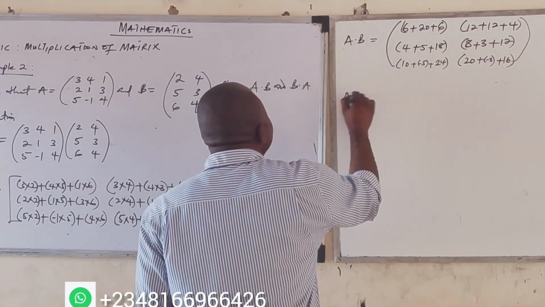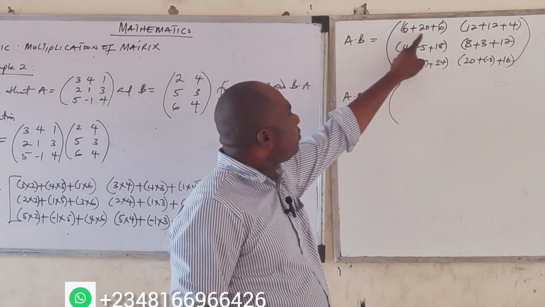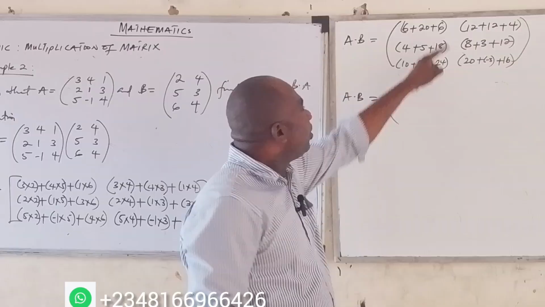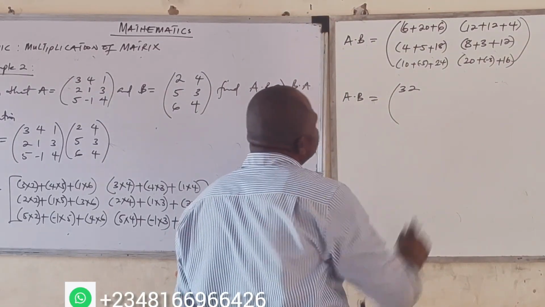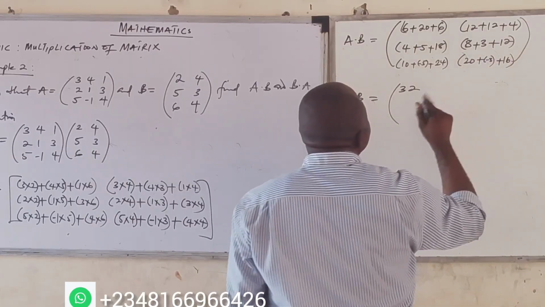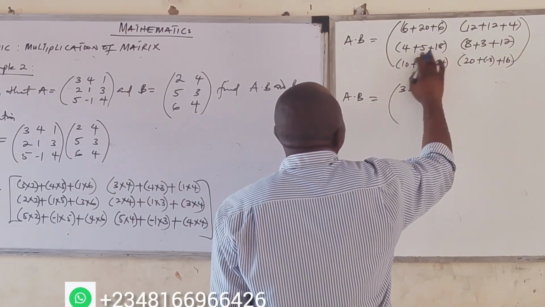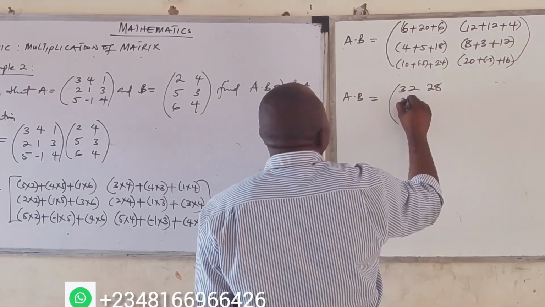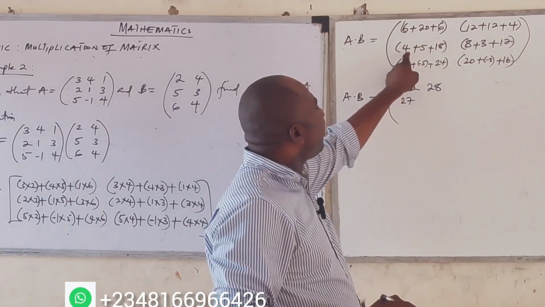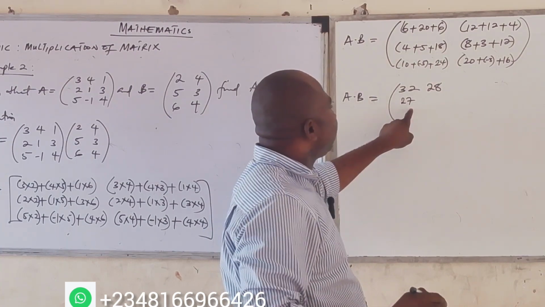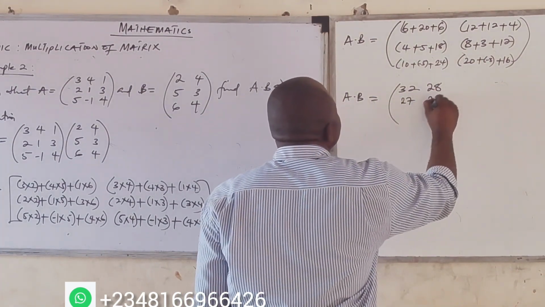So our A dot B will be equal to, 6 plus 20 is 26, 26 plus 6 is 32. 12 plus 12 is 24, 24 plus 4 is 28. 4 plus 5 is 9, 9 plus 18 is 27. 8 plus 3 is 11, 11 plus 12 is 23.